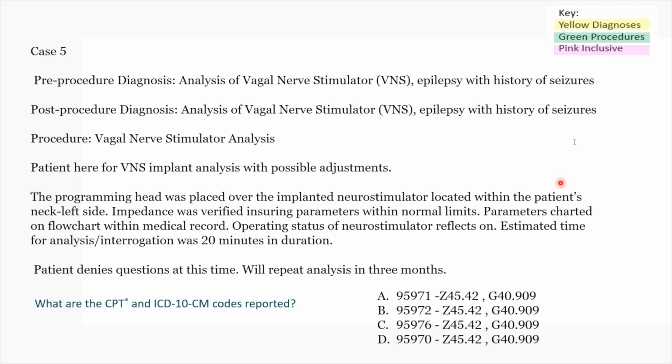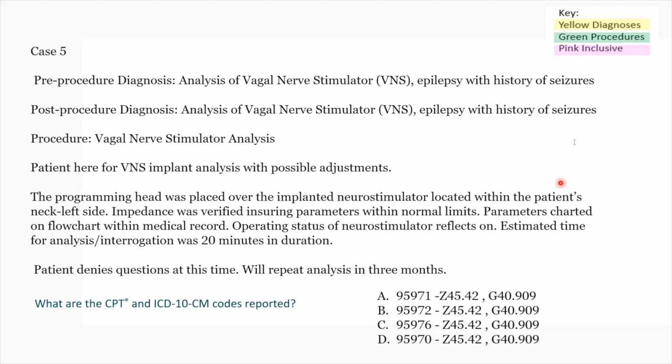Post-procedure diagnosis, the same. Procedure: vagal nerve stimulator analysis. Patient here for VNS implant analysis with possible adjustments. The programming head was placed over the implanted neurostimulator located within the patient's neck, left side. Impedance was verified, ensuring parameters within normal limits.